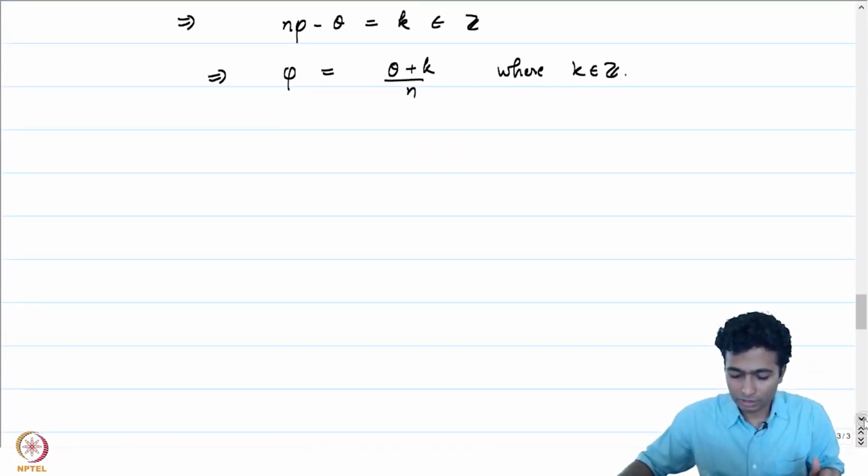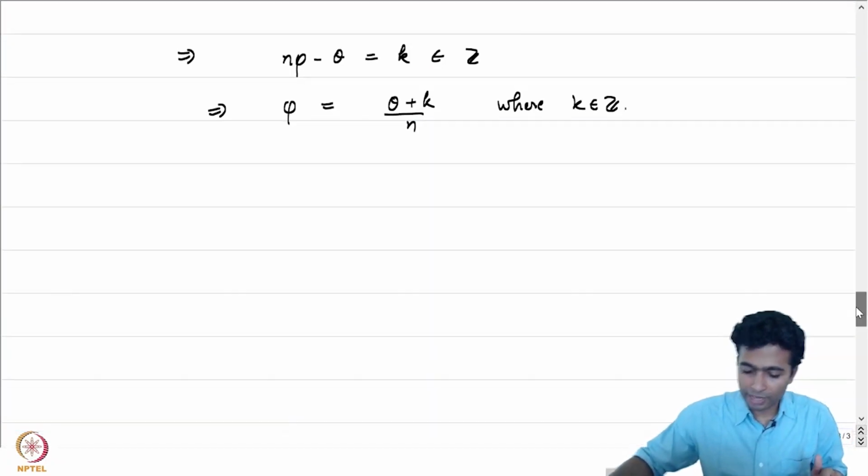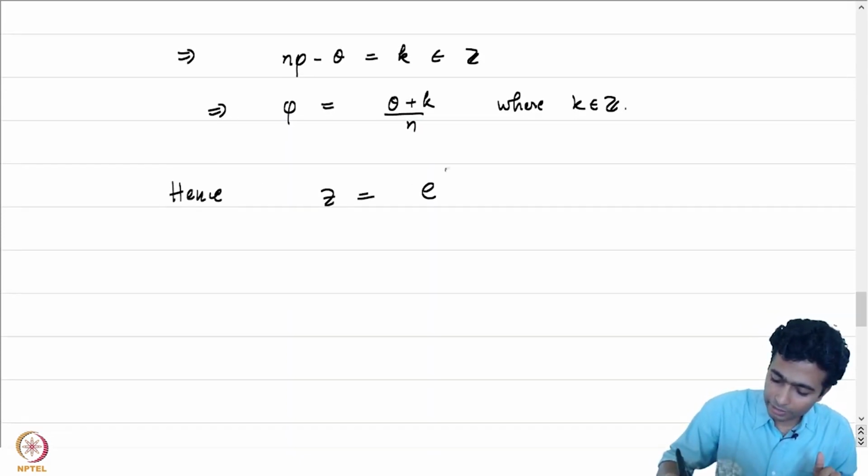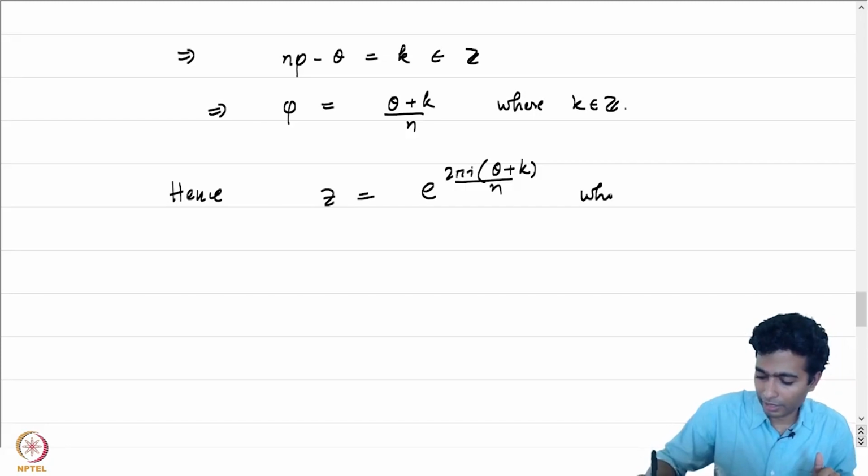Let me just summarize what we have. Hence, Z is given by e to the power 2 pi I theta plus k by n, where k belongs to the integers.